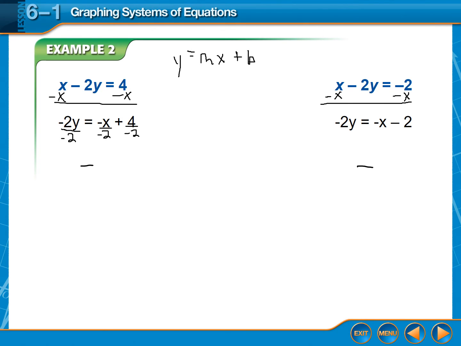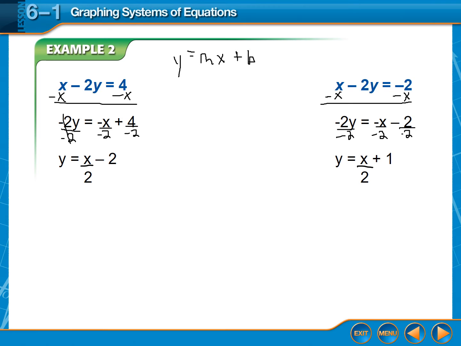Go to my other equation, negative 2 times y, so I'm going to divide by negative 2 over here. And once again, take both terms on the other side and divide those by negative 2 also. So when I do that, negative 2 divided by negative 2 cancels out, so I'm left with y equals, and this was negative x.